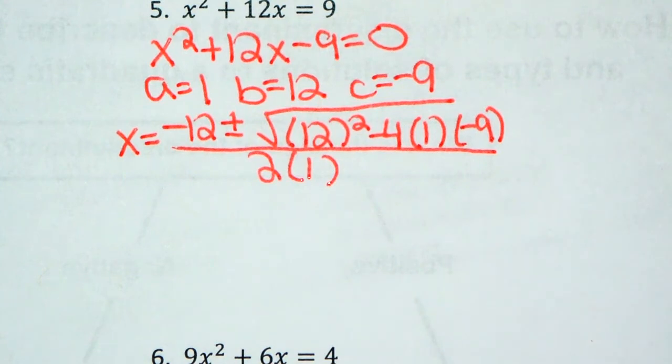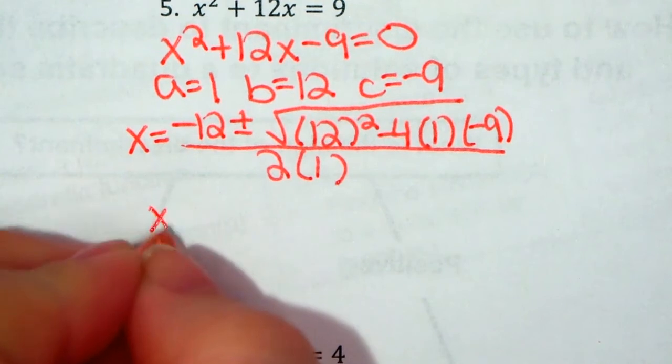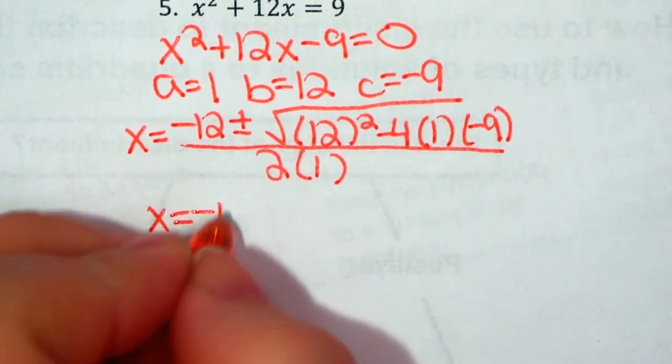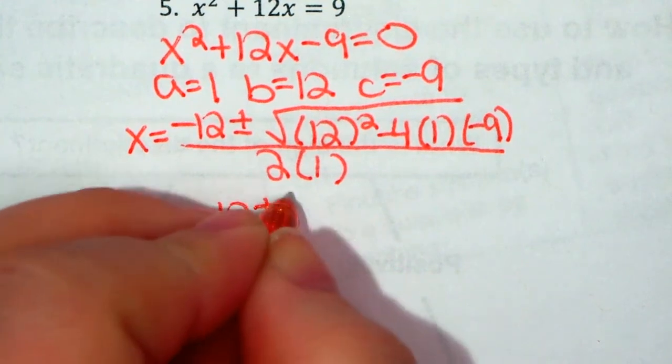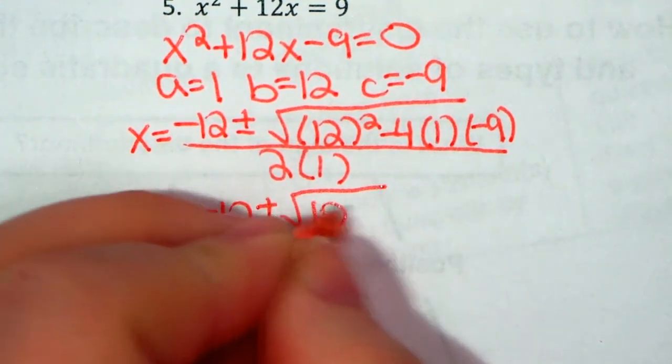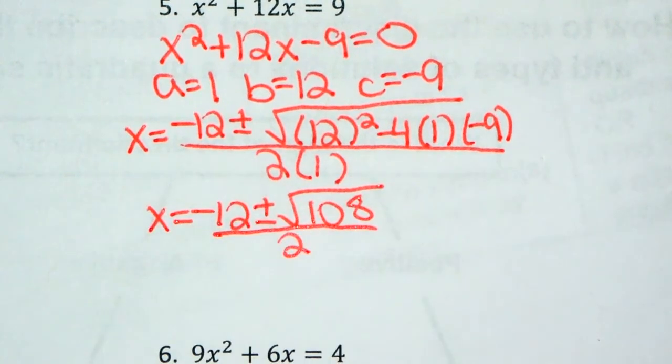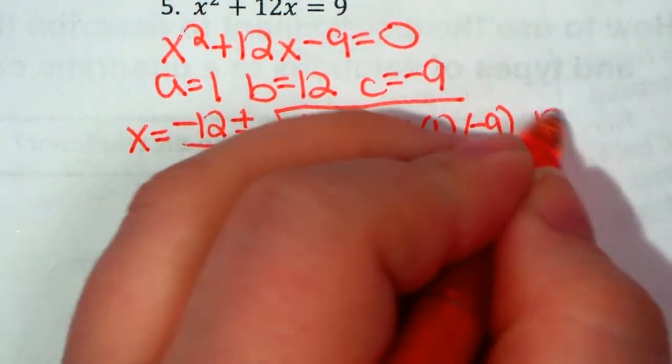Type in that b squared minus 4ac into your calculator, that discriminant, and you get that x is equal to negative 12 plus or minus the square root of 108, which is our discriminant, over 2. 108 is not a perfect square, so that means you're going to need to do a factor tree over to the side for it.